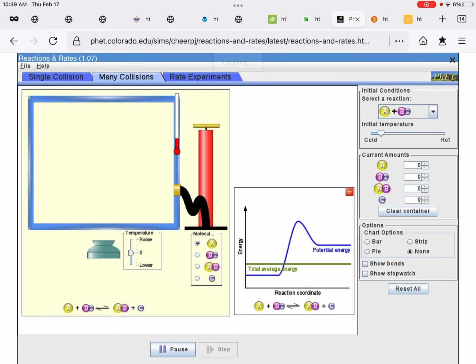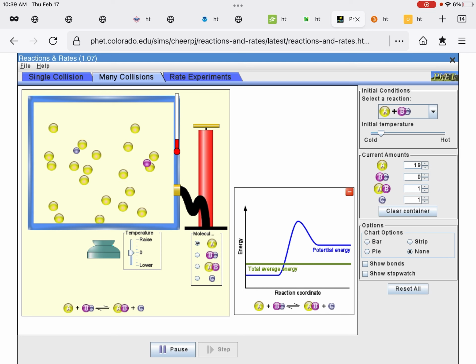This is over here on the many collisions. So instead of 10, we can do 20. All right. And now we've increased the rate by increasing the number of collisions, and then somewhere in there there'll be a successful collision, and there's a greater chance of that simply because there's more collisions. There we go. All right.